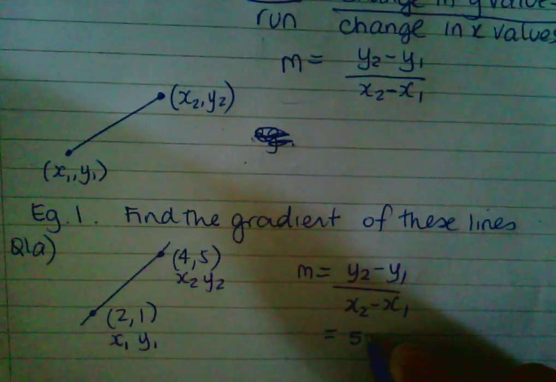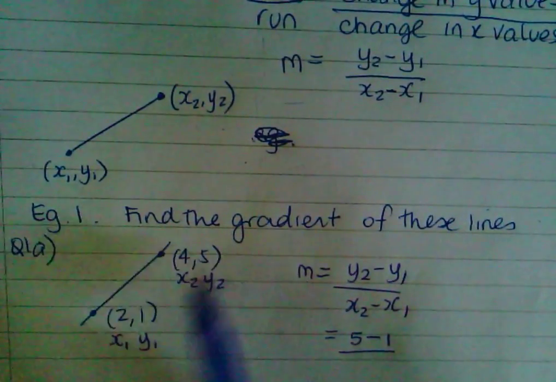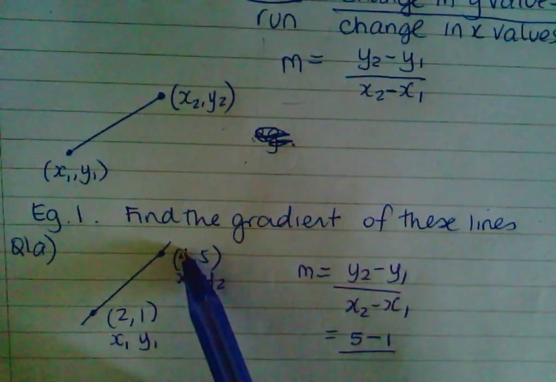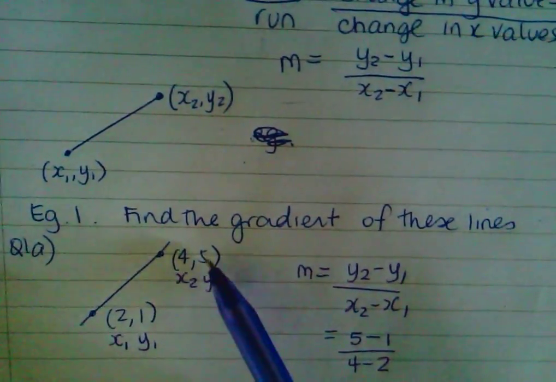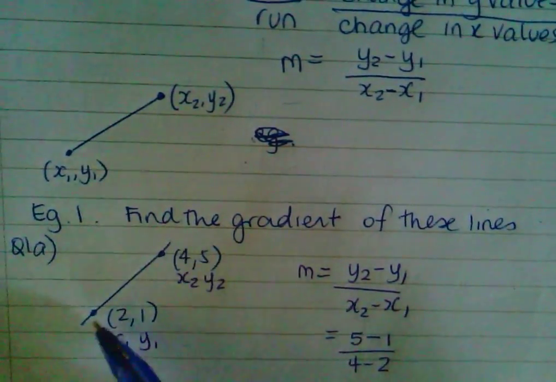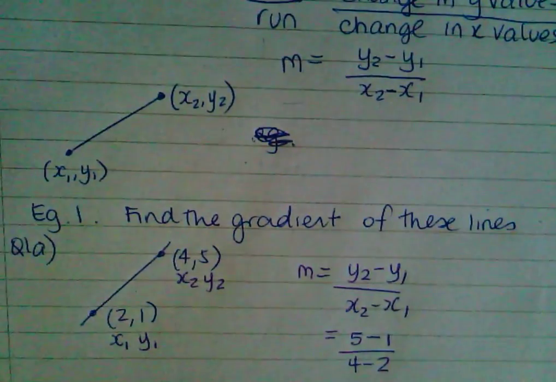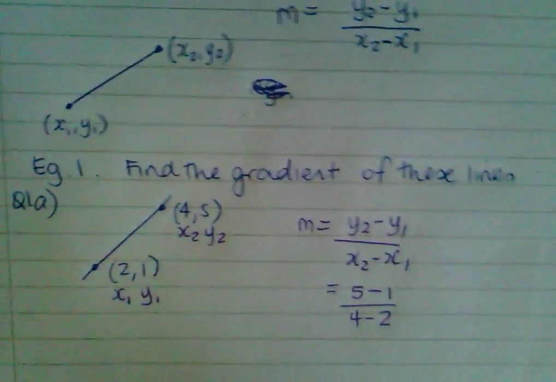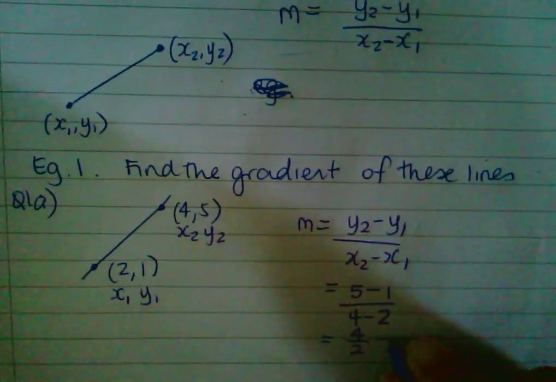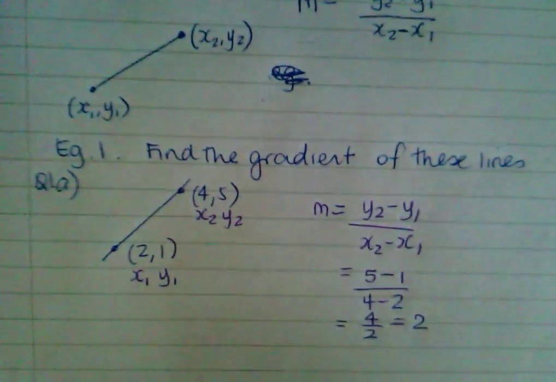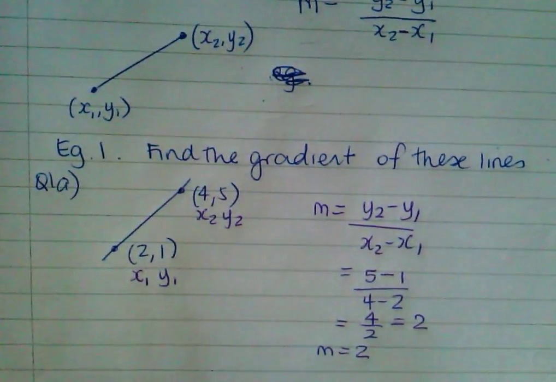So I went 5 minus 1 over 4 minus 2. x2 minus x1. Look, it's that one minus this over that one minus that. Going the same way. The top minus the bottom, the top minus the bottom. The y's first, then the x's. And what do we get? 4 over 2, which is 2. So therefore, the gradient of that line is 2. It's a positive gradient. Okay?